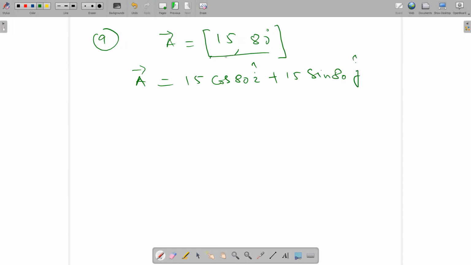You can write this in this form and then solve it, and your answer will be in the proper i and j form. So then you can solve it in your own way. Okay.